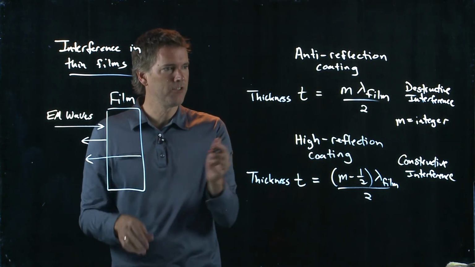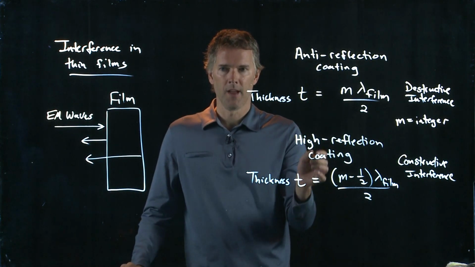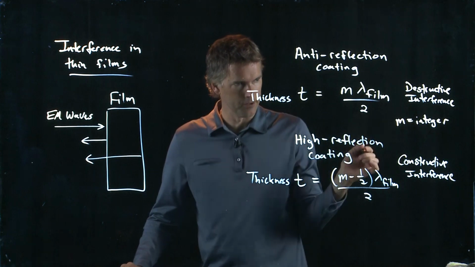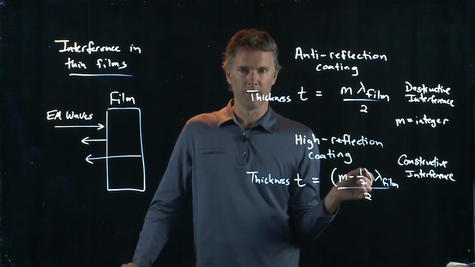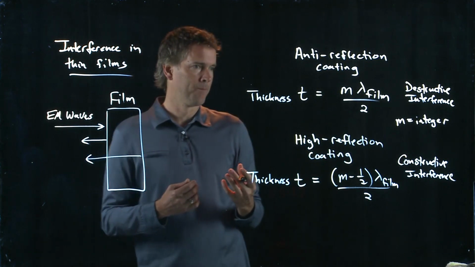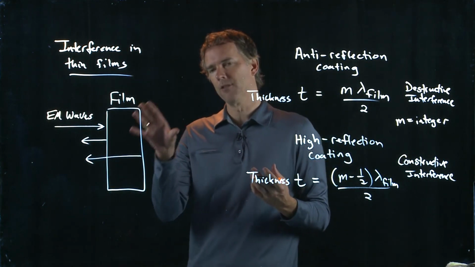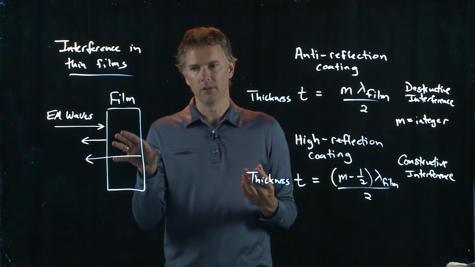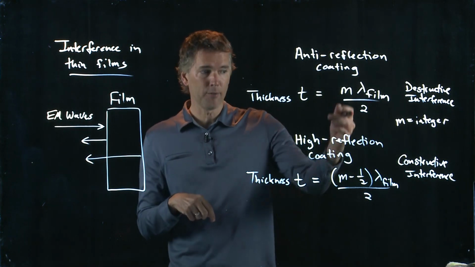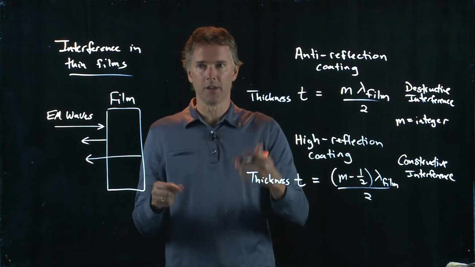And so you are changing the thickness of the film. And if you change it by just the right amount, it will go from destructive interference to constructive interference. And all of a sudden that fingerprint shows up extremely well. Okay? And so that's the downside with anti-reflection coatings. You have to keep them clean. Because if you just change that thickness by a half a wavelength, all of a sudden it turns into a high reflector.